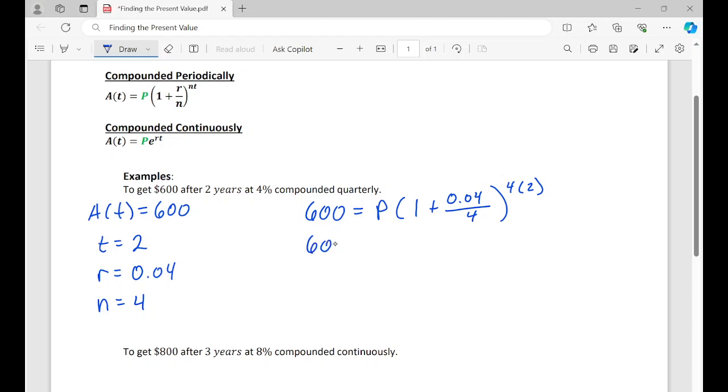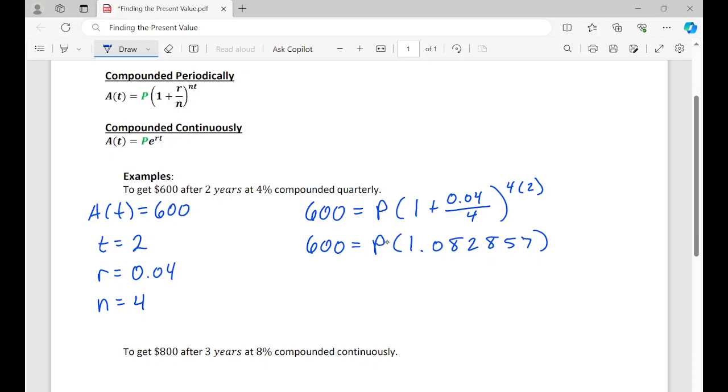So I'm going to get 600 equals P, and all of this will work out to 1.082857. I'm going 6 decimals deep just to make sure there's no rounding errors. You can go a little bit further, but I wouldn't go too much shorter because, dealing with money, you might be off by a little bit.